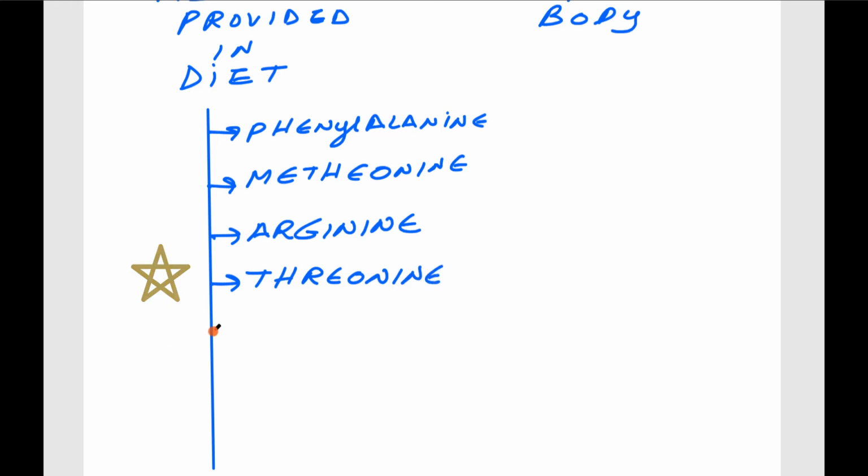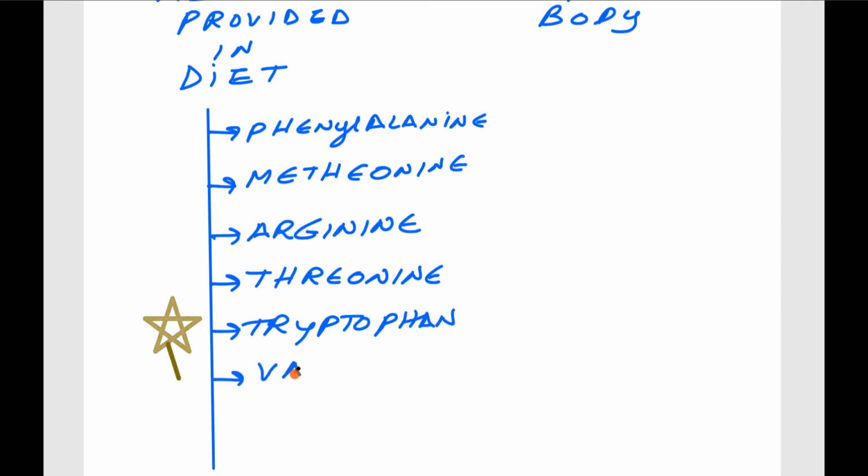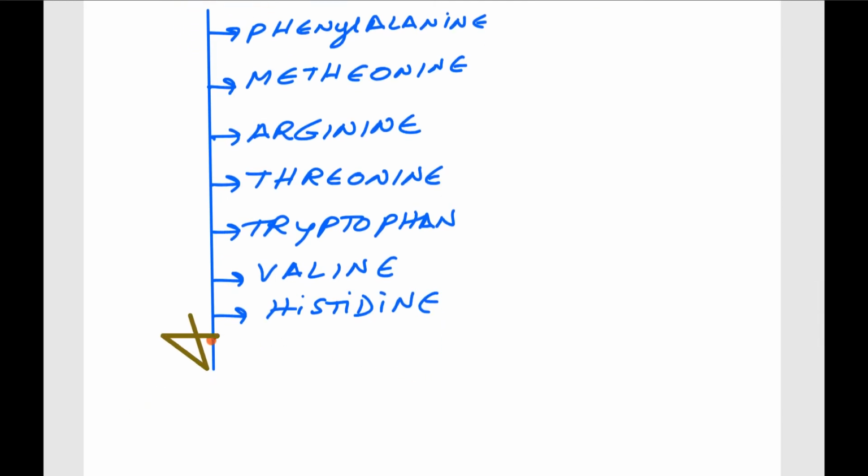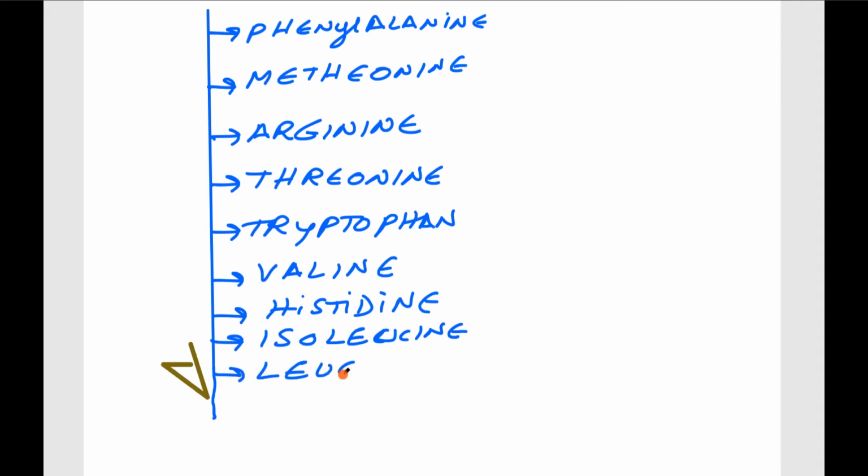The fifth one is tryptophan. The sixth one is valine. The seventh one is histidine. Then the eighth one is isoleucine. Then the next one is leucine. And finally, it is lysine. There are 10 amino acids present.